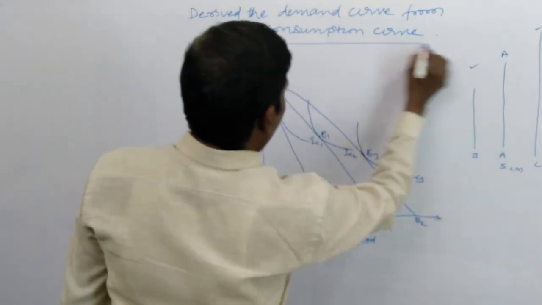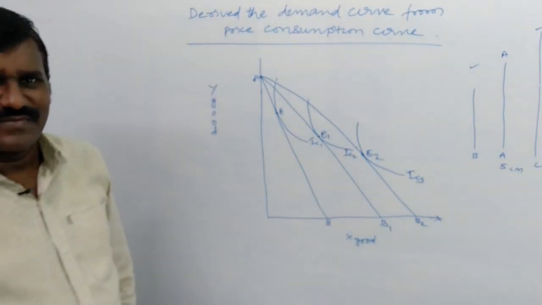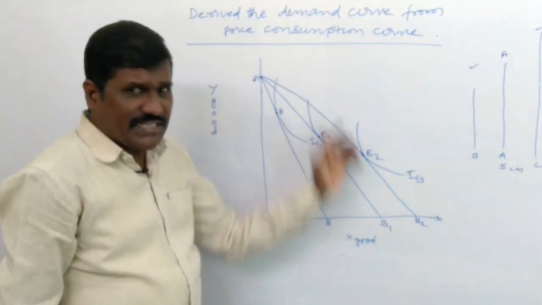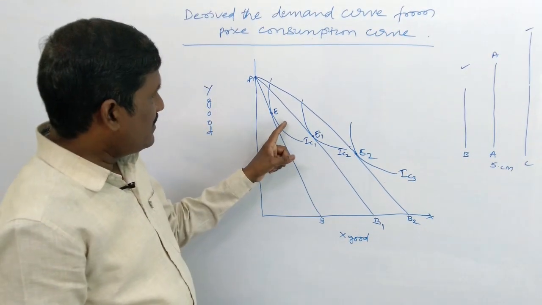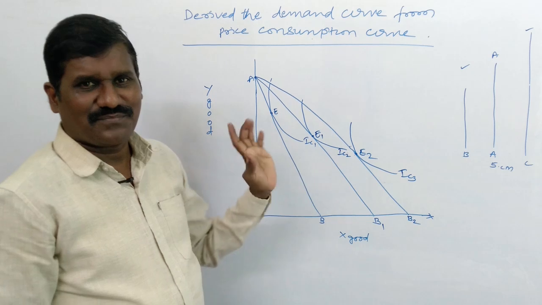So this is the title today. How can we derive the demand curve from the PCC curve?